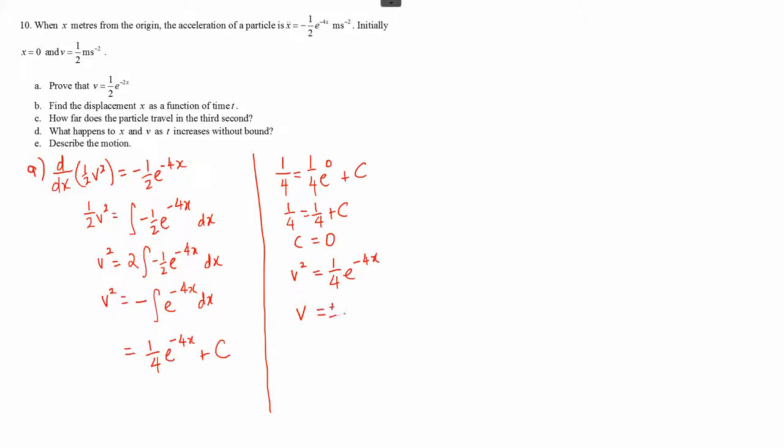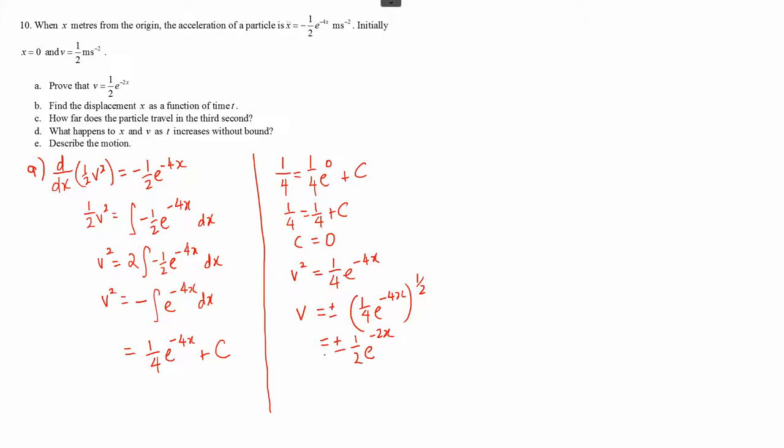Which means that v is plus or minus the square root of this. The square root of a quarter is a half, so it's plus or minus a half. The square root of e to the minus 4x is e to the minus 2x.